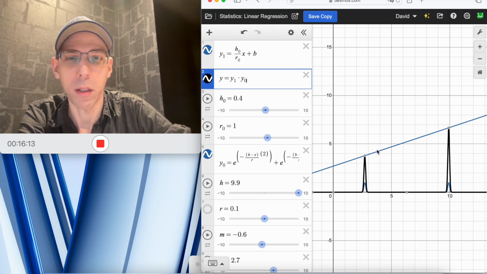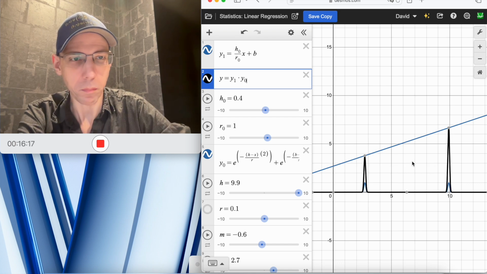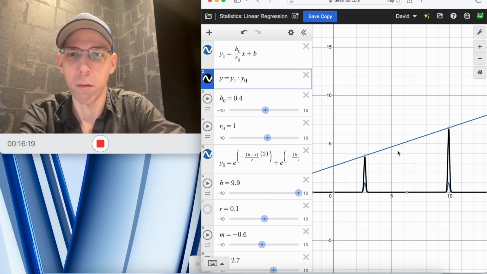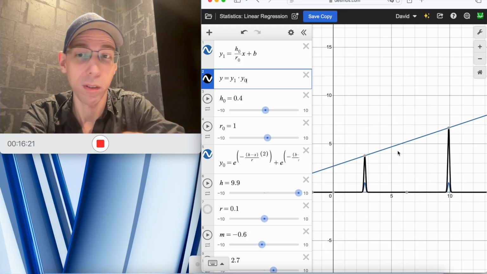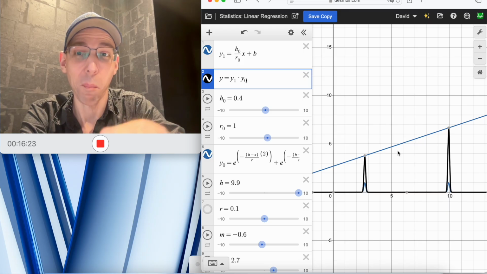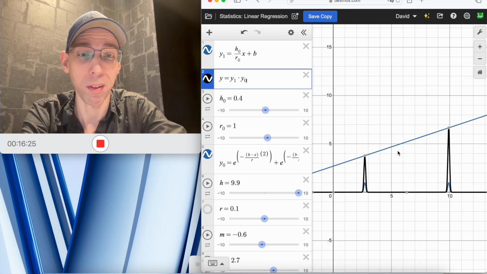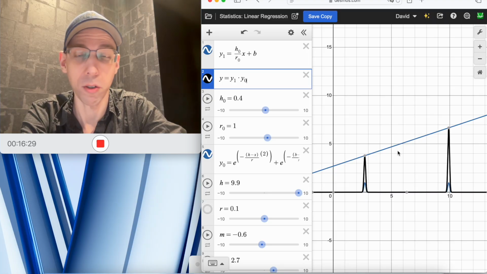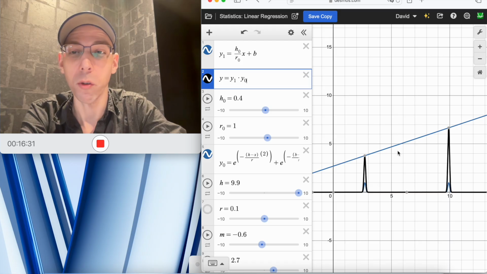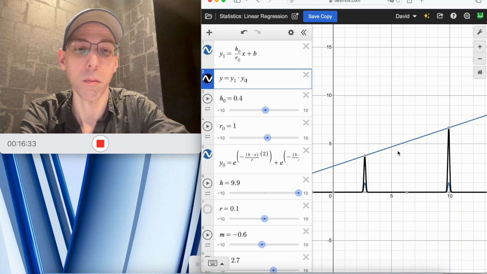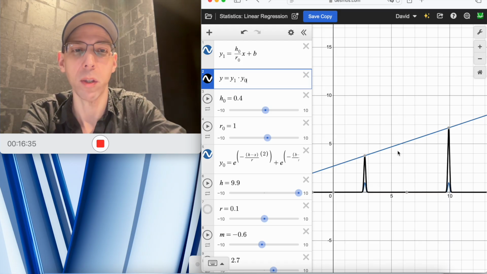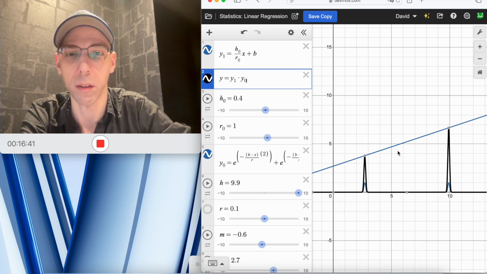I created a function that represents both other functions. It represents the line and the initial basis function, because the two basis functions have been scaled by the form of the line, so that they intersect the line.